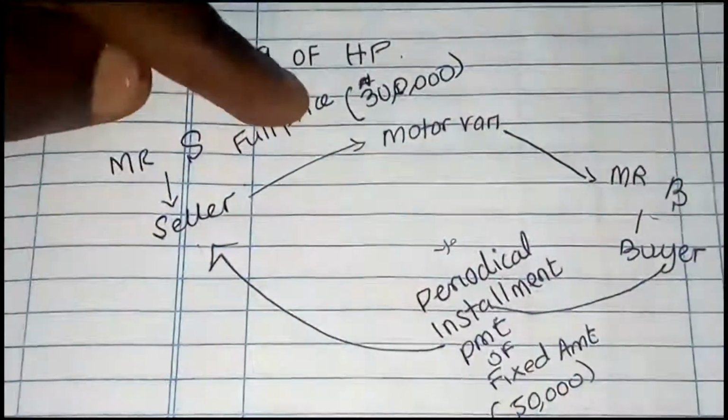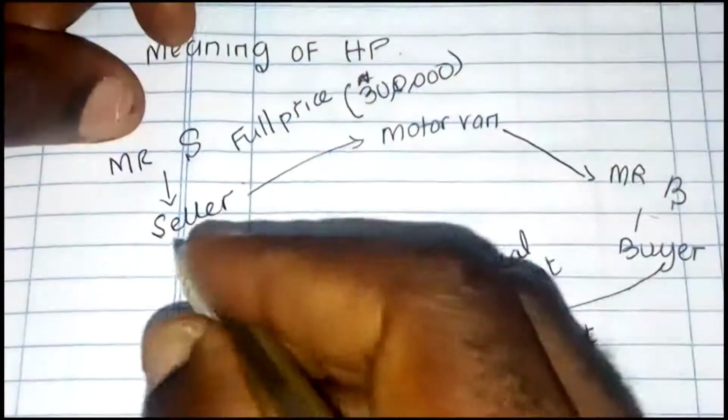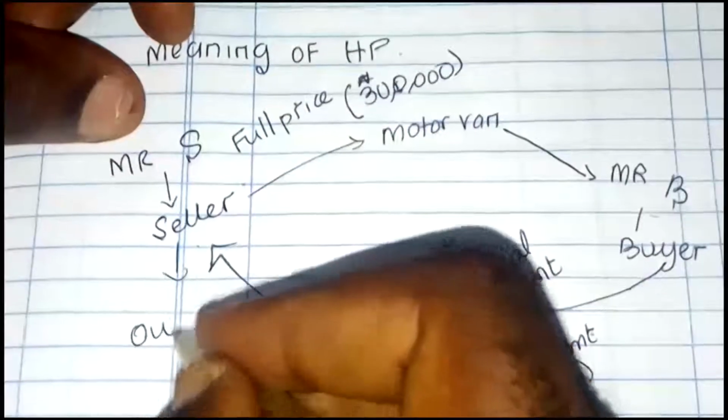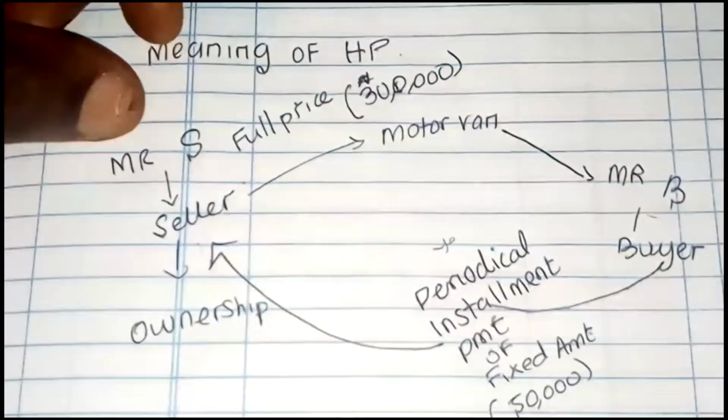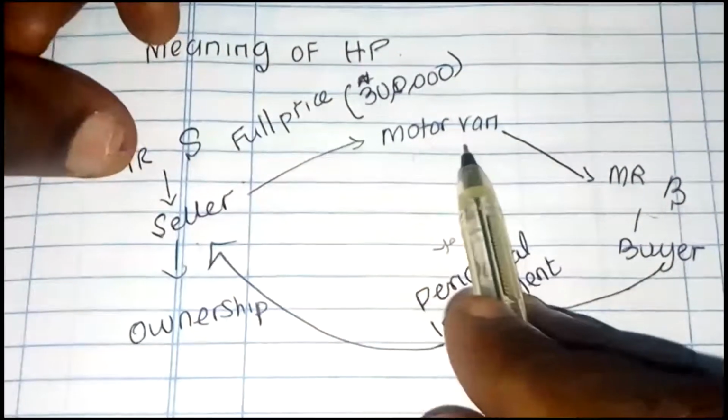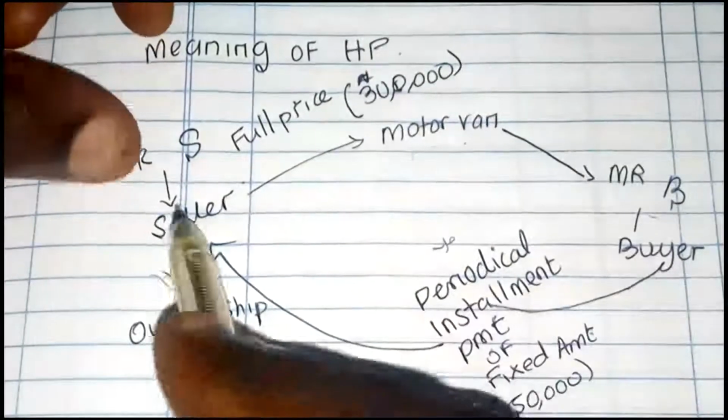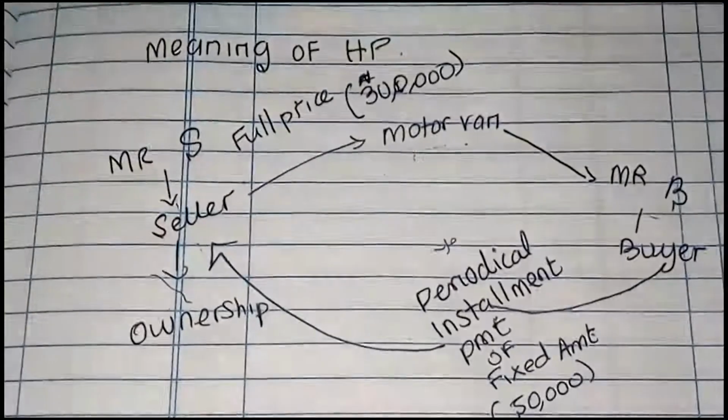So before the full price is completed, take note, the ownership of the motor van still remains with the seller, with Mr. S.